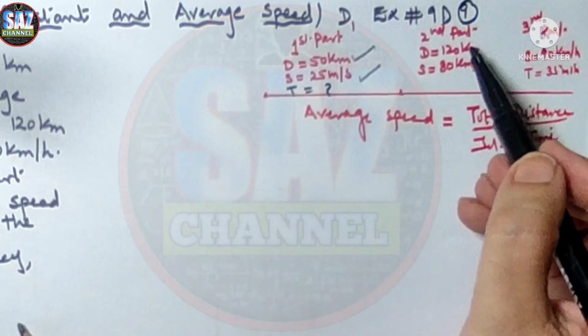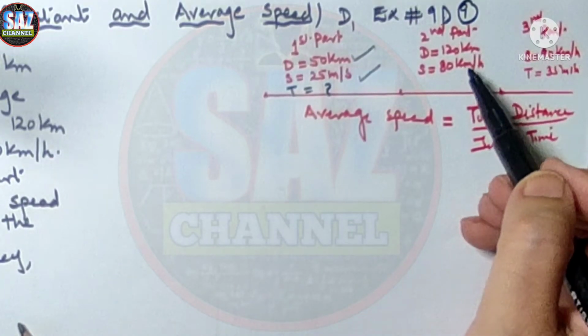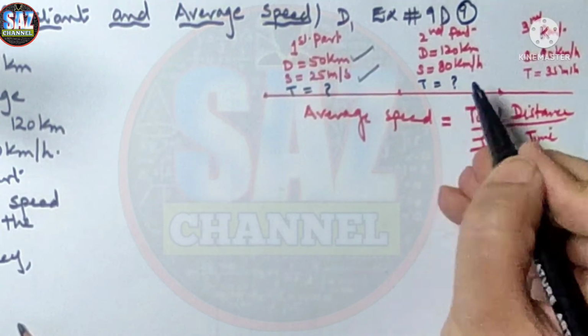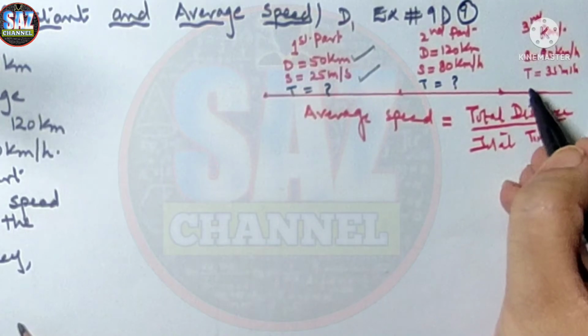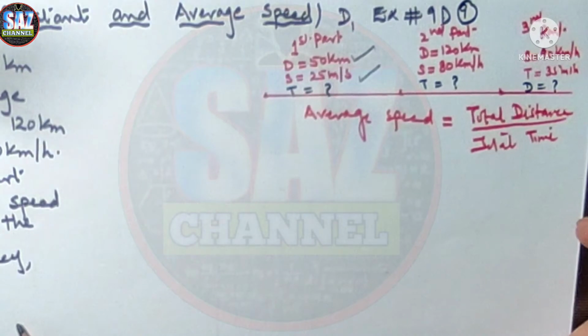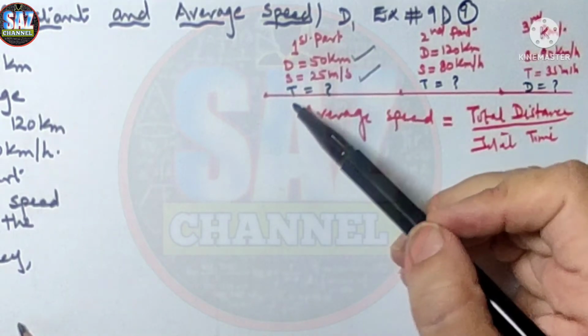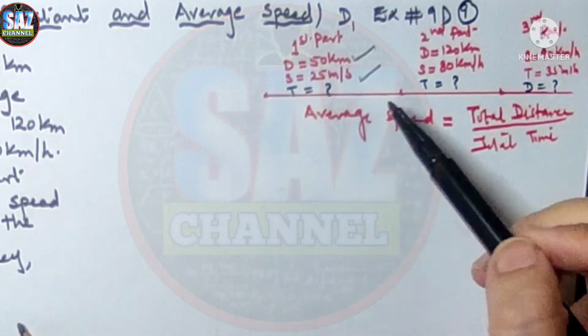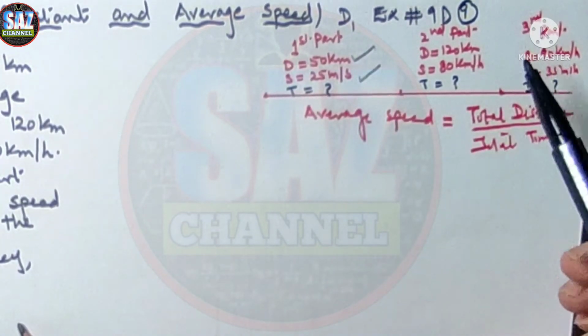For the second part, we are given distance and speed, and again we are not given the time. And for the third part of the journey, we are not given the distance, that is how much distance we cover with the speed of 90 km per hour in 35 minutes. So first we have to find these missing elements of each part of the journey, so that we can have the total time and total distance.